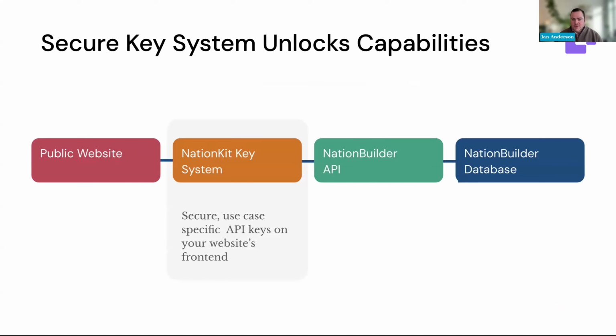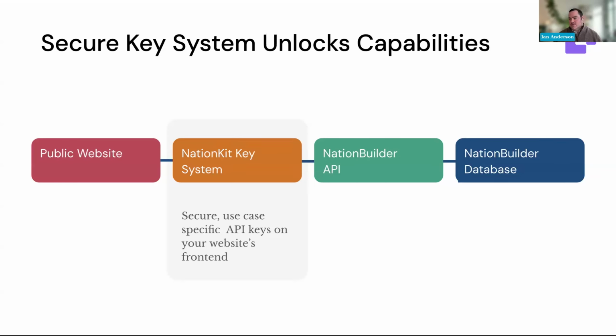We do this through a system that we call a key system, which allows us to create what's called scopable, secure, and use-case-specific API keys that can be used on your front-facing website.